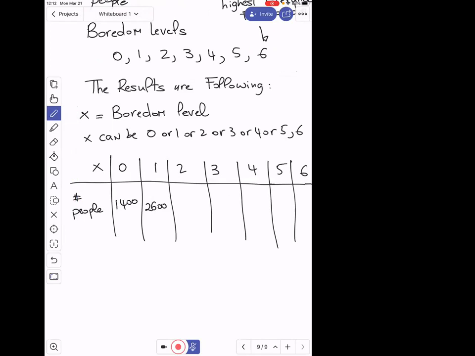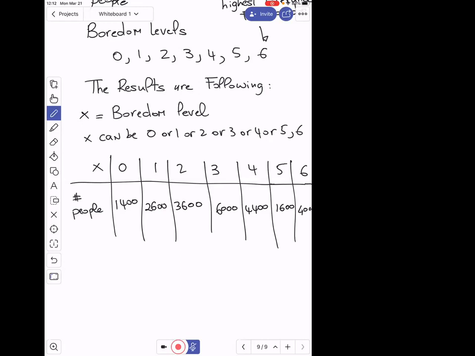Then with boredom level equal to 2, let's say we have 3,600. With boredom level equal to 3, we have 6,000. With boredom level equal to 4, we have 4,400. And then 1,600 with boredom level equal to 5. And finally, boredom level equal to 6, the highest tolerance for boredom, we have 400 people.